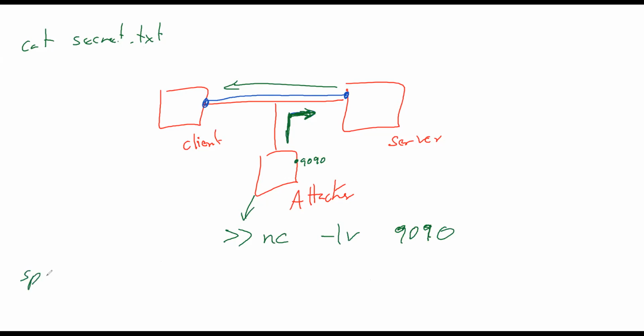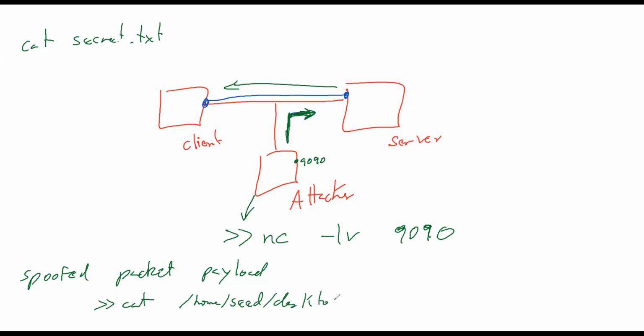So the spoof packet payload should be cat, the secret file, let's say it's in home seed desktop, secret file.txt, and then you're going to redirect. If you remember, that's just a symbol for redirection.